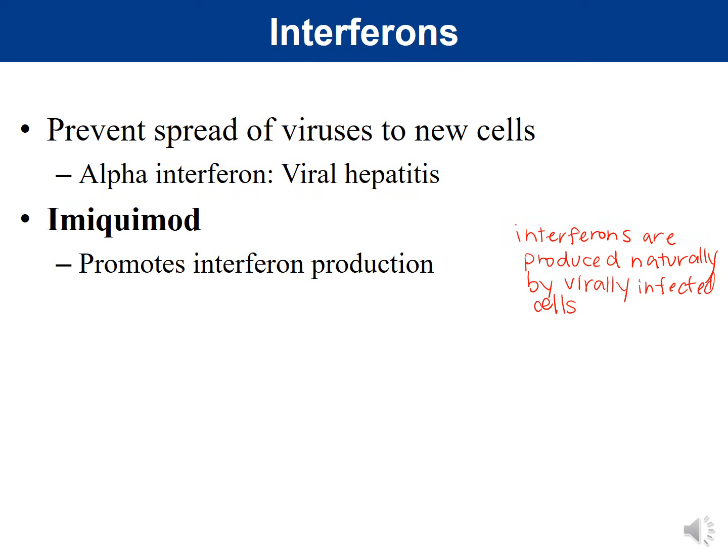And when these are produced by virally infected cells, the purpose of your immune system's function or your cells' function for producing interferons is basically to signal cells around it to prevent the virus from being able to replicate within adjacent cells. And so by treating patients with interferons, what that basically does is that it magnifies an immune response.